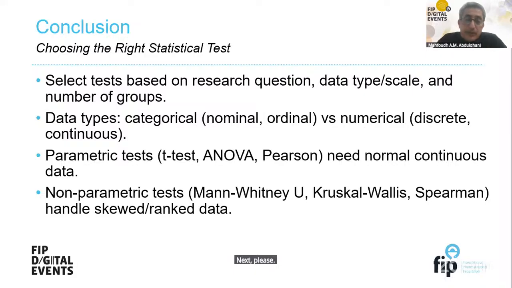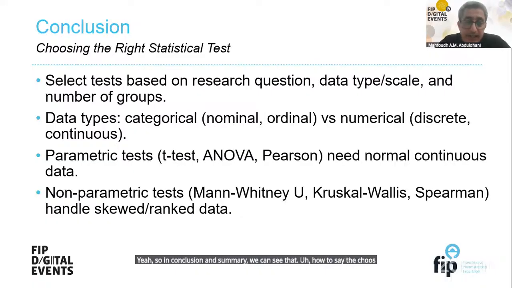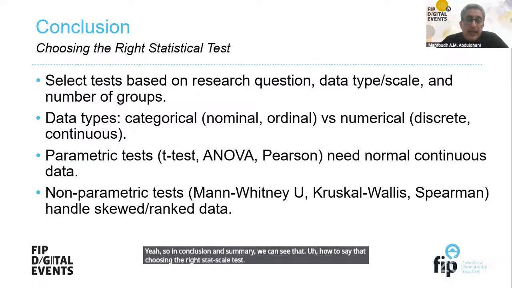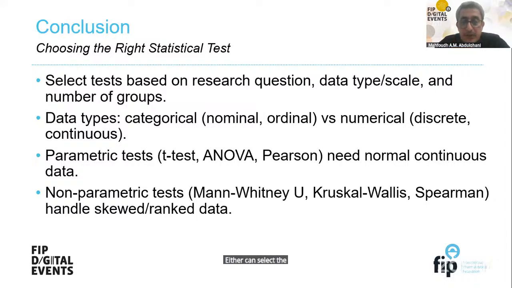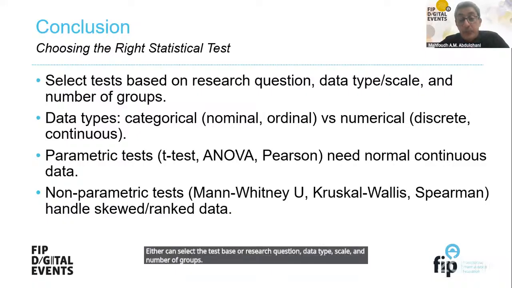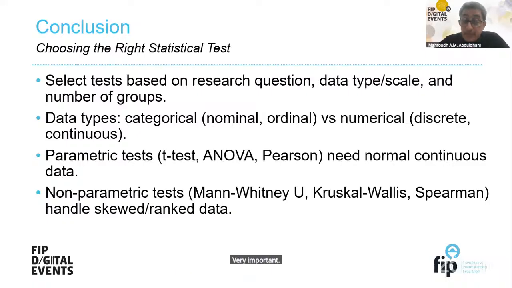So in conclusion and summary, choosing the right statistical test can be based on the research question, data type, scale, and number of groups. Data type, either categorical or numerical, is very important.